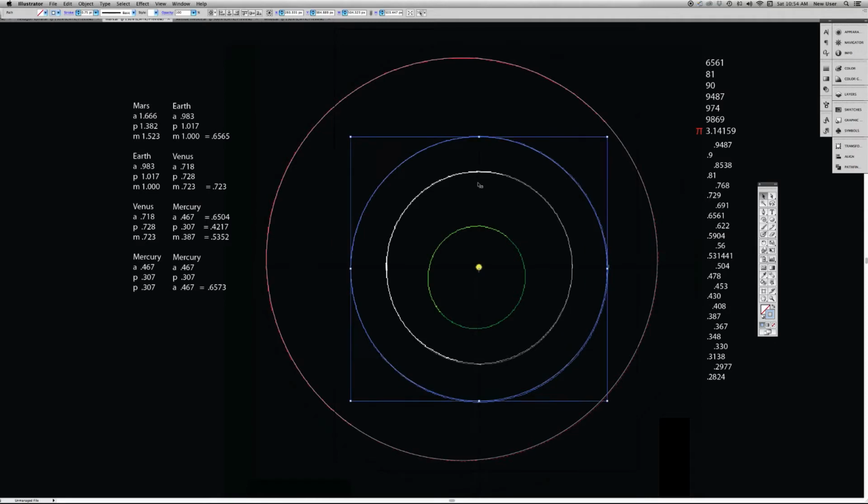It's very close, 6565, not 6561. But because these numerals are the same, that's going to be 99.9 something accurate for the size of the Earth's orbit.